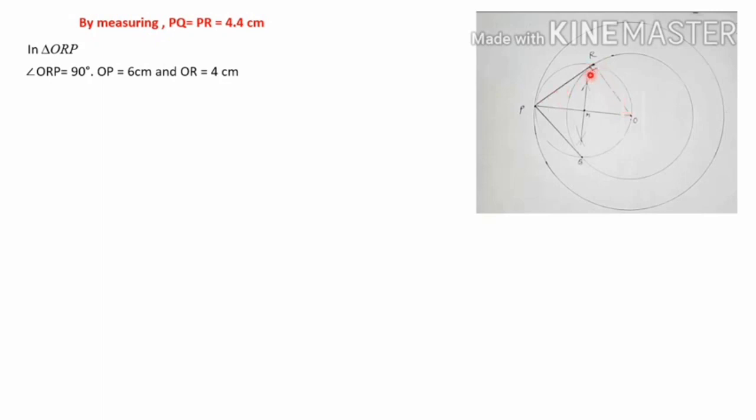The reason is the angle between the radius and the tangent. If you consider the inner circle, OR is the radius and PR is the tangent to the circle at the point R. So the angle between the radius and the tangent is 90 degrees. You have learned this in the circles chapter. Because of that, this angle is 90 degrees.